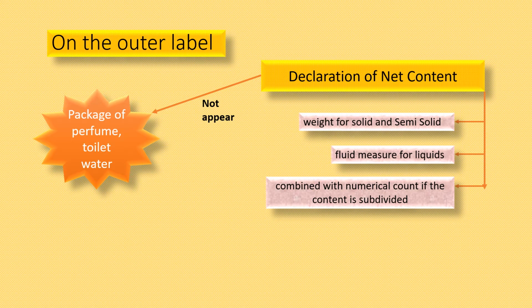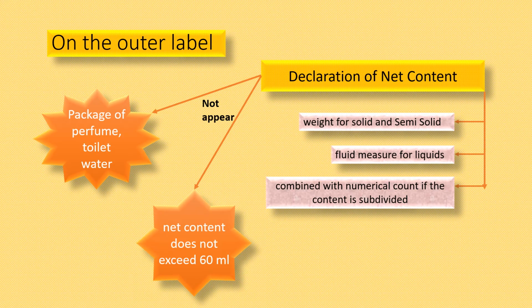For this kind of packaging of perfume and toilet water, there is no necessity for the declaration of net content to appear. Likewise, if the net content does not exceed 60 ml for liquids, or 60 mg for solid or semi-solid, the net content need not appear on that particular outer label of the container.